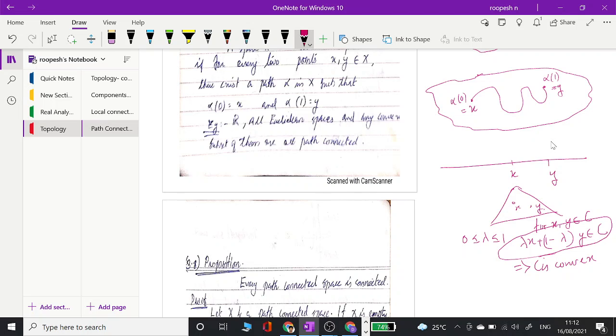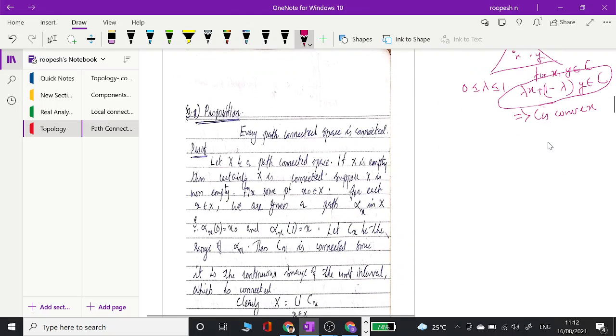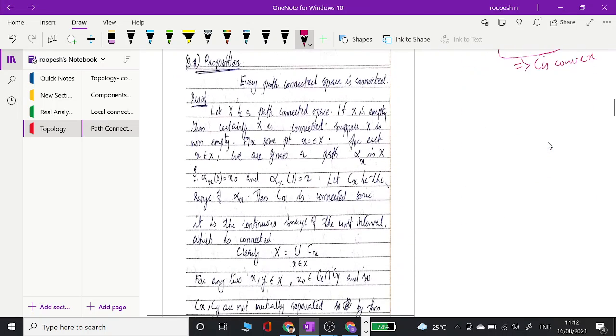Next, we will show that a path connected space is connected. We have a space which is path connected. That means for any two points of the space we can find a path. Then I can fix some x naught, since X is non-empty.